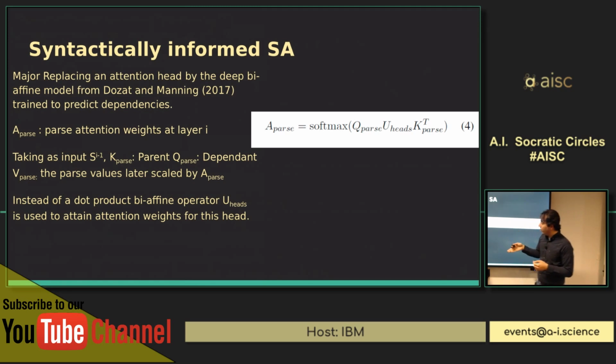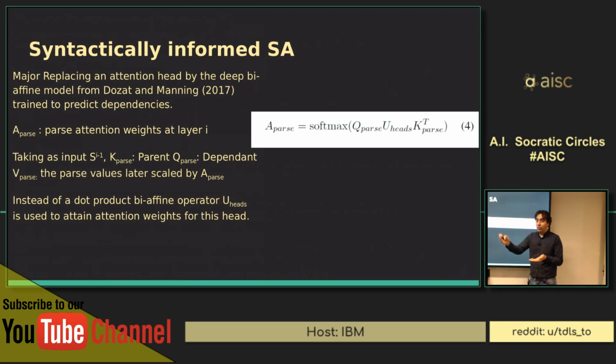And you have K parse, so the K representation, instead of looking at every other word, is targeted to be the parent of that specific word, the parent, the governor, or a predicate, right? And Q parse would be the dependent. So basically, you start from query, right? You start from, oh, I want to know what this word is a dependent of. Who's my parent, right?